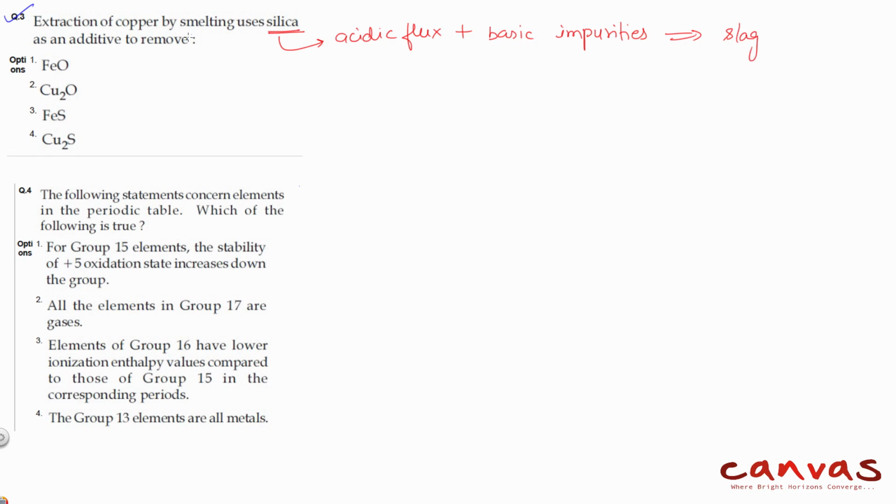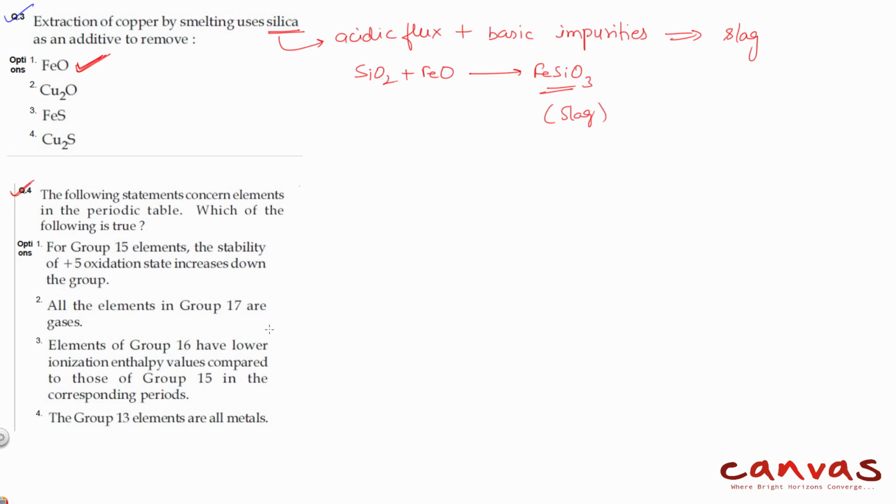In the case of copper extraction, iron oxide FeO is the basic impurity. So we add SiO2 that combines with the iron oxide to form FeSiO3, iron silicate, and that is removed as a slag. So the answer is the first option.